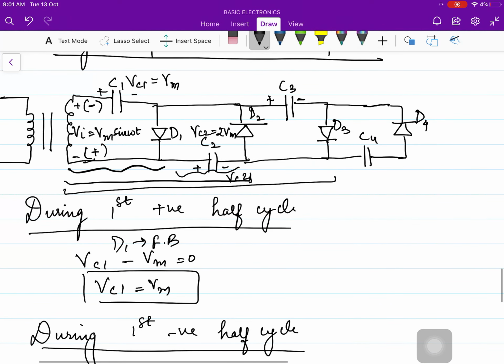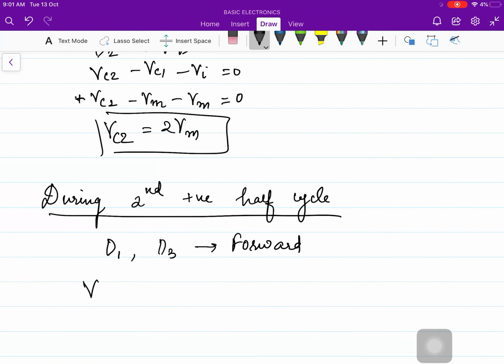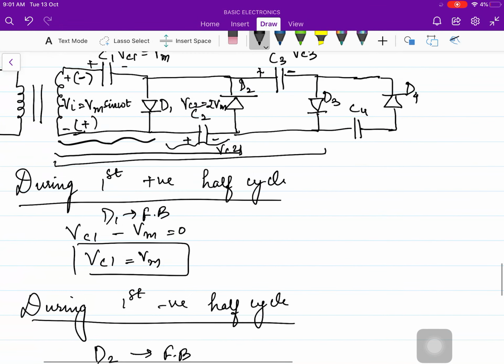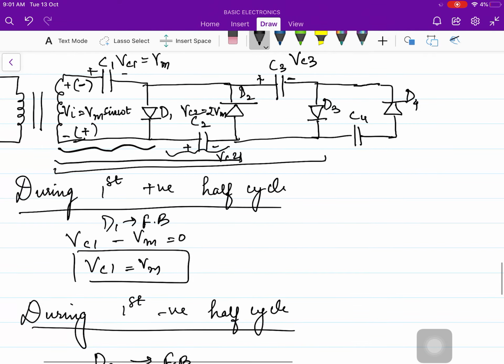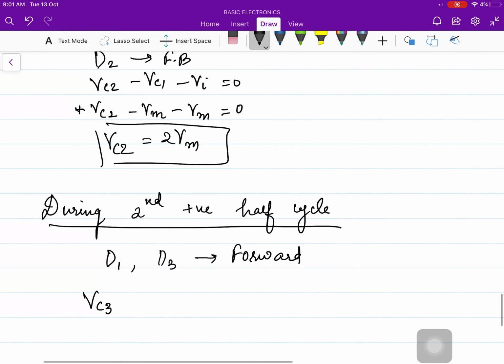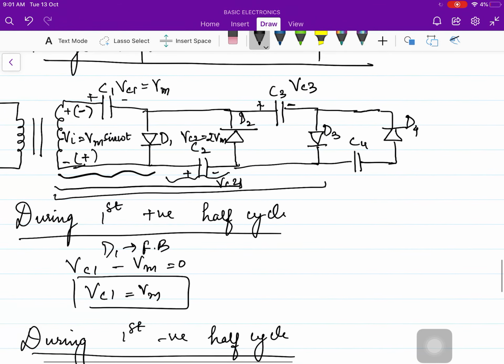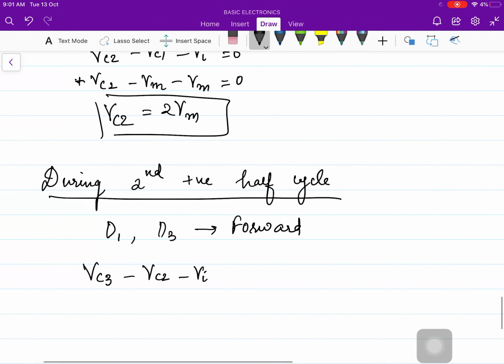So when you apply the KVL up to this circuit, first of all place the signs of plus and minus, and it is VC3. So apply the KVL, look very carefully. VC3 minus VC2 minus Vi plus VC1.